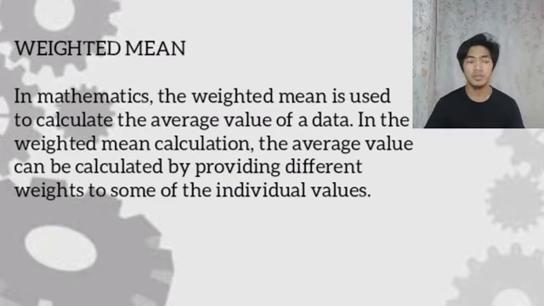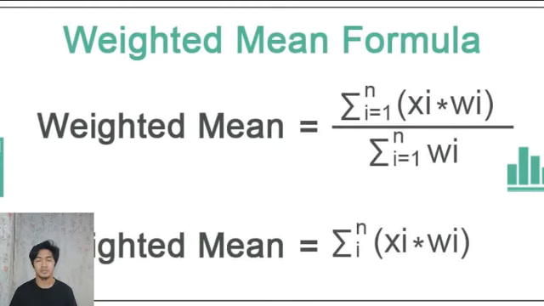So, last part ng discussion natin is weighted mean. What is weighted mean? Weighted mean in mathematics is used to calculate the average value of the data. In the weighted mean calculation, the average value can be calculated by providing different weights to some of the individual values. The formula of a weighted mean is shown.